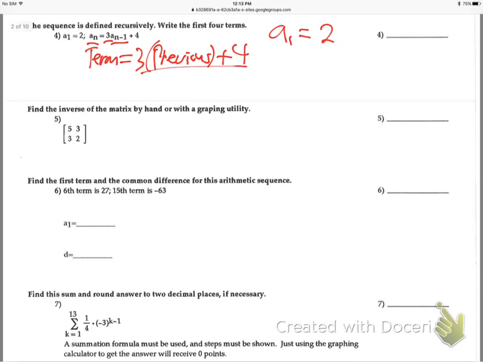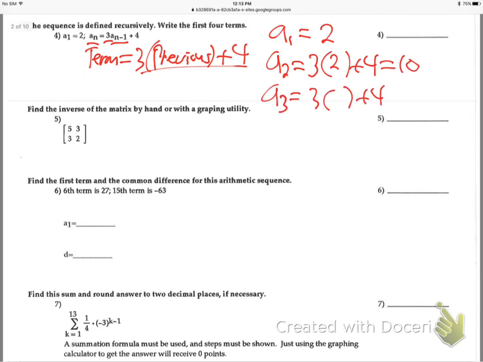So for a sub 2, for example, you just take 3 times the previous, 3 times 2, add 4. What's that, 10? And then for a sub 3, you just take 3 times the previous, add 4. See what I'm doing there? It just says any term, a sub n, is 3 times the previous, add 4. So it's all about making sense out of that statement.